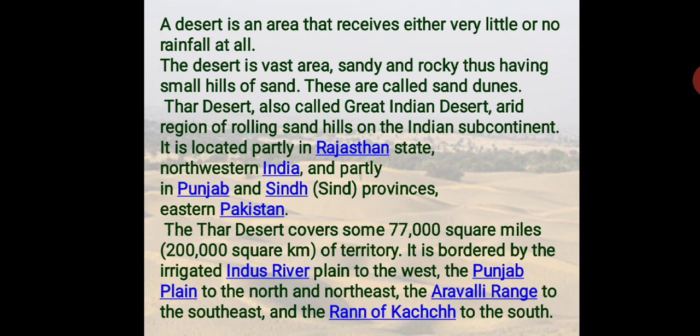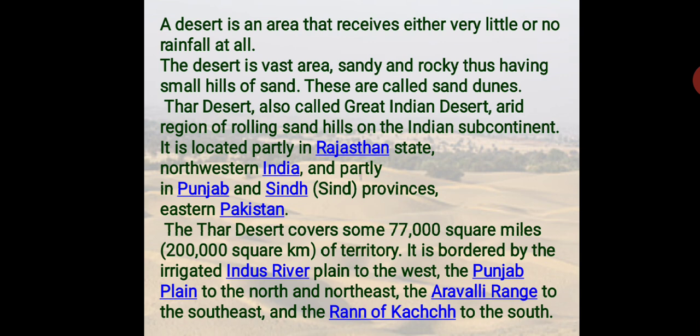Sindh means Sindh province, which is situated in eastern Pakistan. Okay, beta? So, the actual location: the Thar Desert is located within Rajasthan, Punjab, and Sindh province of eastern Pakistan.